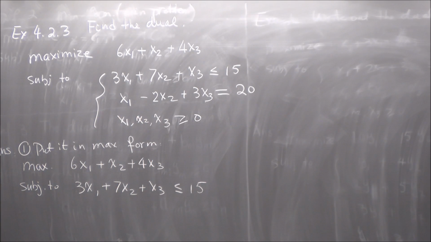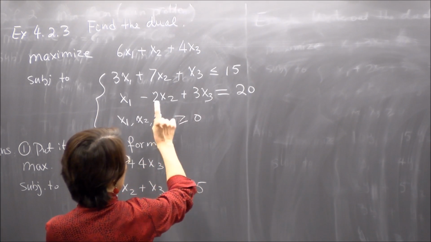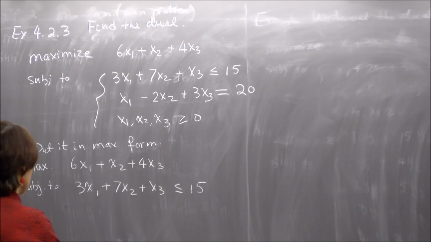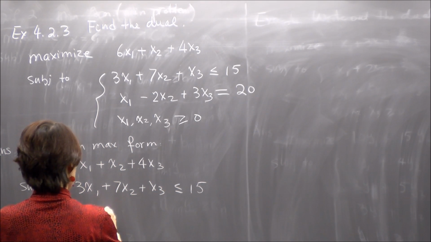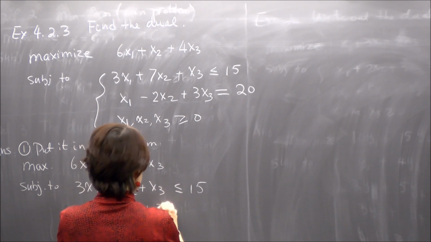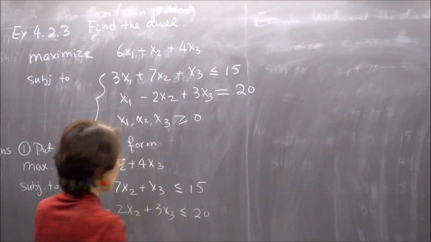Now the second one, it's equal, so I need to break it into 2 inequalities, right? So here it says A equals B, so I need to write A less than B and B less than A, right? So A less than B, let's write that out. X1 minus 2 X2 plus 3 X3 less than 20.